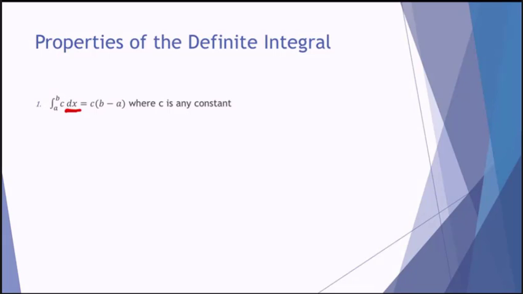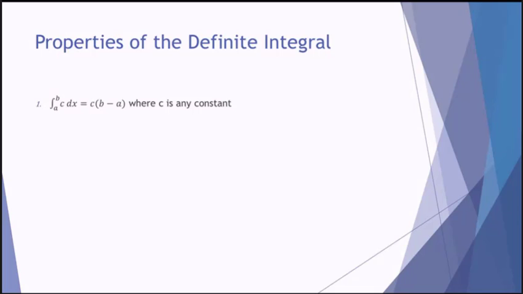The dx, just like function notation, tells you the variable of integration. That dx tells you x is your variable. The other things should be treated as constants. So when you're integrating a constant from a to b, one of the shortcuts is taking that constant, c, and multiplying it times the length of your interval, which is b minus a.